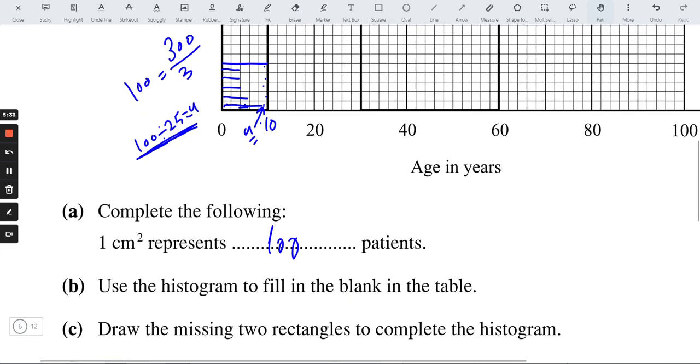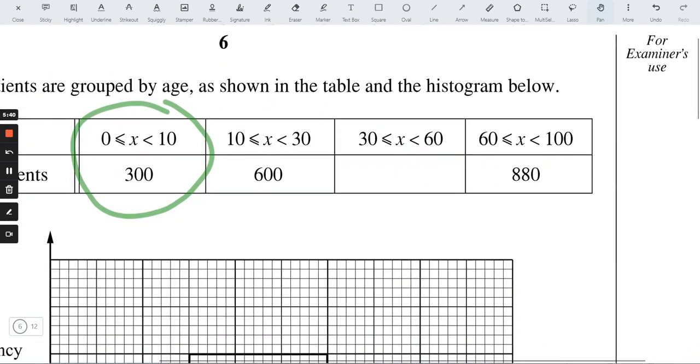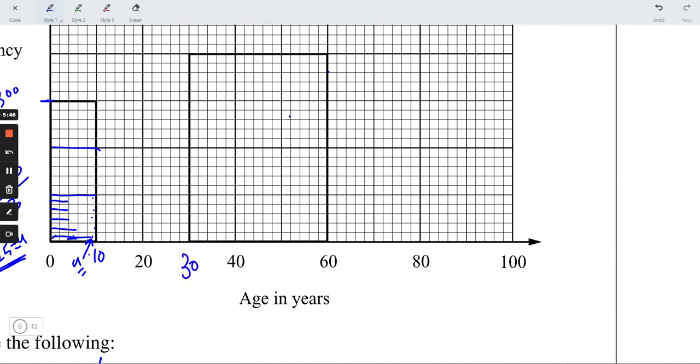Okay, now use the histogram to fill in the blank in the table. So the blank in the table here is in interval 30 to 60. So here 30 to 60, this is 30 here, 40, 50, this is 60, up to how many patients will we have here. So as you can see, you can divide it into small squares.